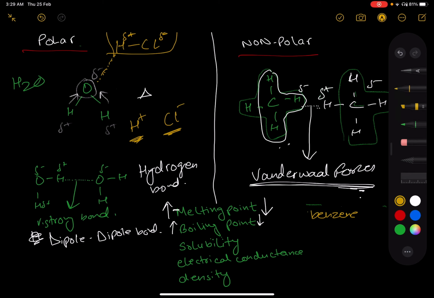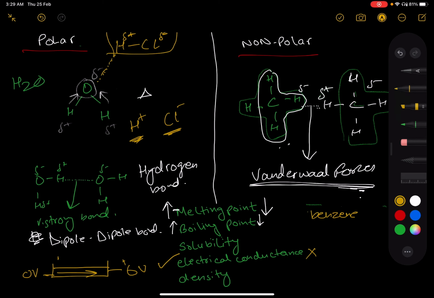And hence, if this is a water solution of hydrogen chloride and you give a potential difference, this is plus 6 volts, this is 0 volts, the ions will move. Hence, a current can be generated. So polar molecules can conduct electricity provided that they are dissolved. However, non-polar molecules don't conduct electricity.